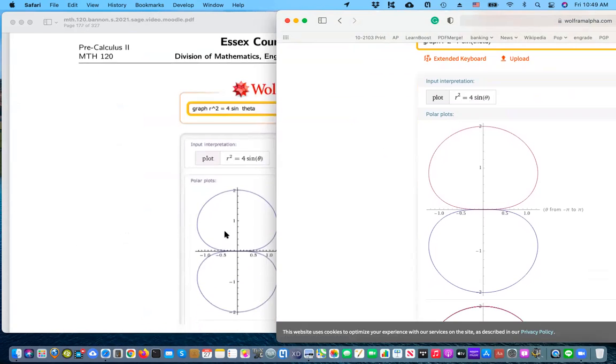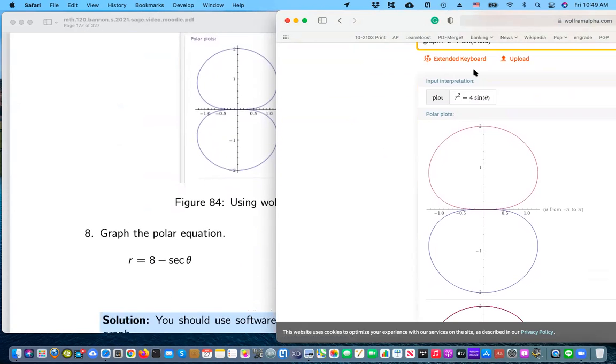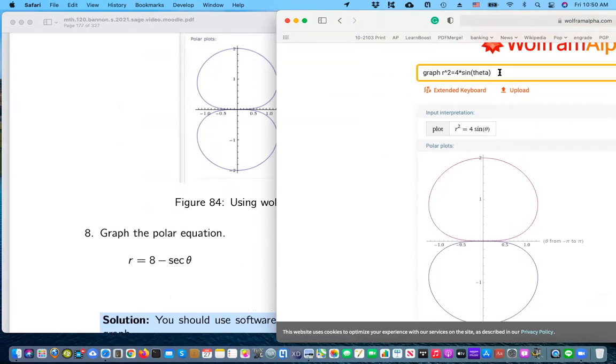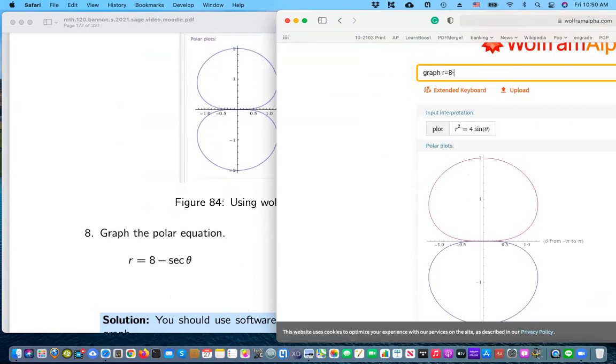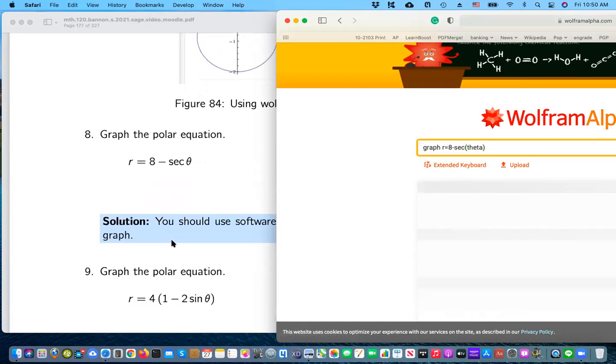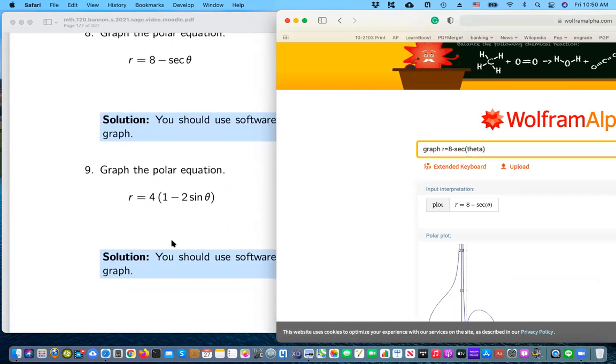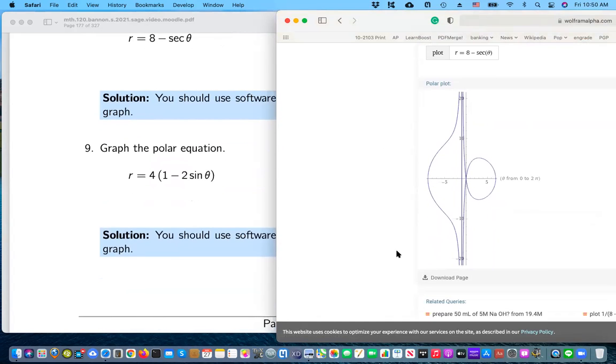Let's just do number 8, right? These are really easy to do. r is 8 minus secant theta. See what it gives us. Wow, that's a really tough looking curve over there.